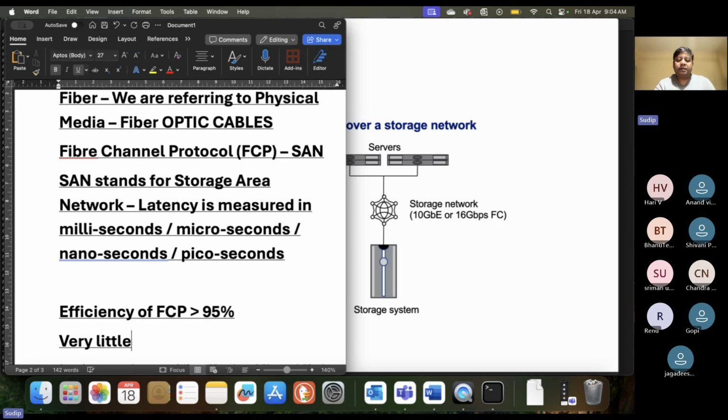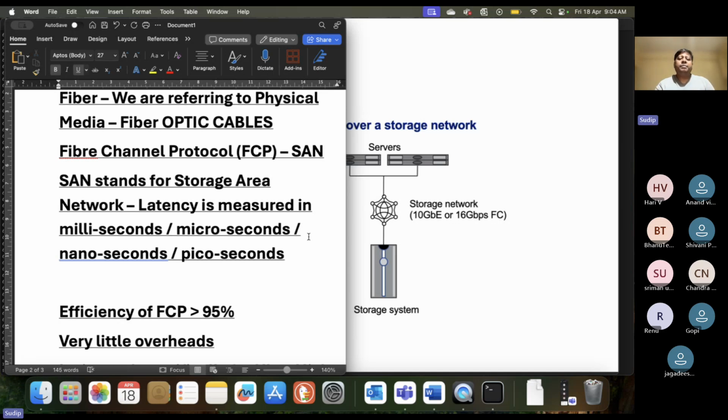Very little overheads. Why very little overheads? Number one, because this is not meant to be a general purpose network. This is meant to be a very specific network, and hence your destination systems and source systems are already known.